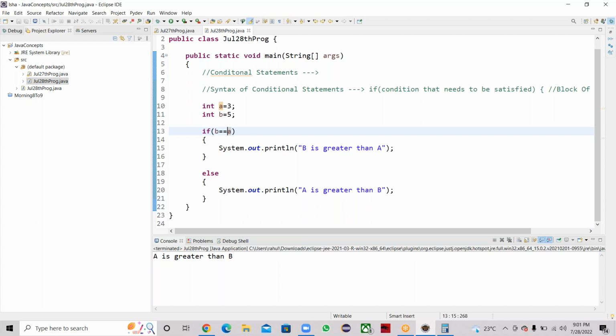Else, the output will be the same. A is greater than B. The answer will be the same.